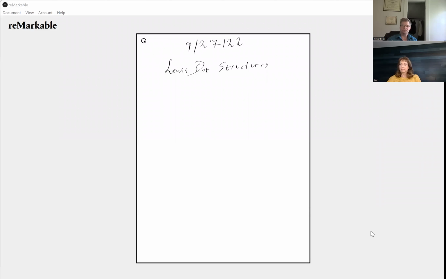The way to help us understand covalent compounds is with something called Lewis dot structures. Now, we've done Lewis dot structures for some elements. And to be honest, Lewis dot structures of elements are not terribly useful. But Lewis dot structures are cartoons. This is the first thing I want you to understand about Lewis dot structures, is that they're just cartoons.